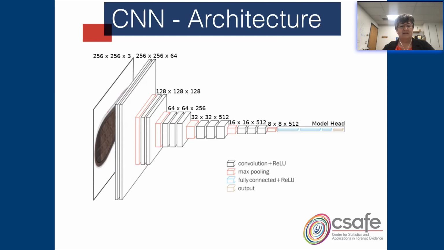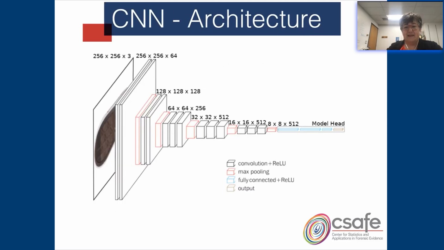So here you can see the idea is we have a shoe image going into the neural network, and then we start this process. And at the end, we've got the output that tells us which features are shown on a particular shoe sole. So we're starting the feature detection process.